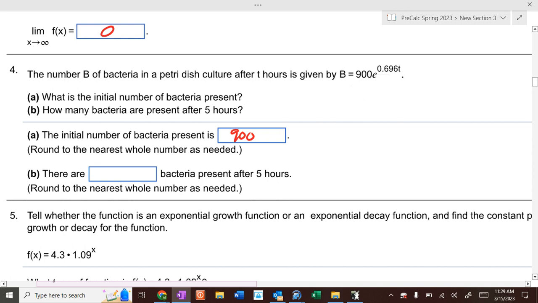There are how many present after 5 hours? Well, you slip the 5 in right there. So you take 900 e to the 0.696 times 5 power. Type that all the way in exactly the way it is in your calculator. And then we're going to round it to the nearest whole number. And how many bacteria are present after 5 hours?